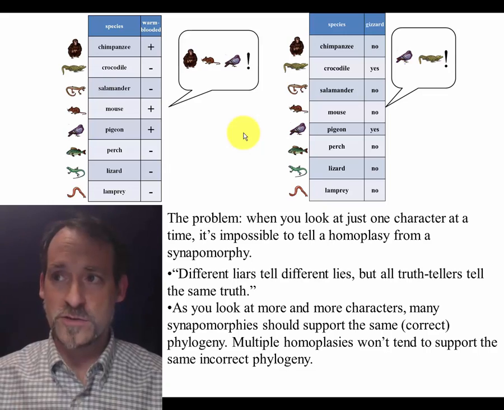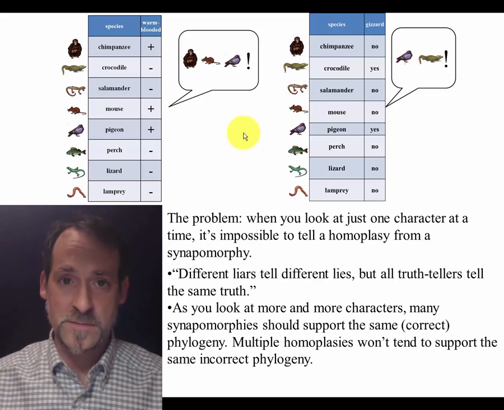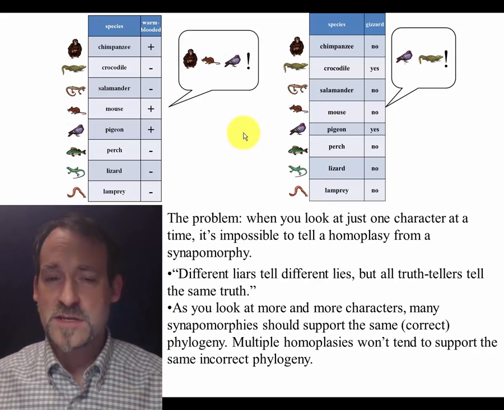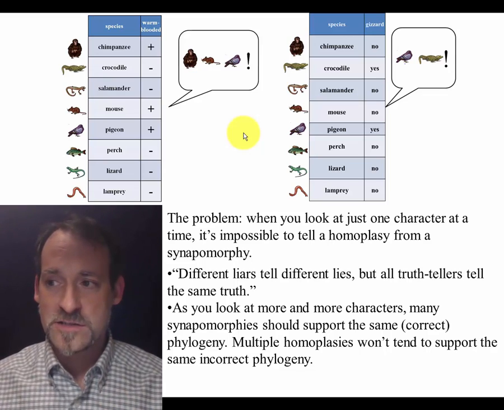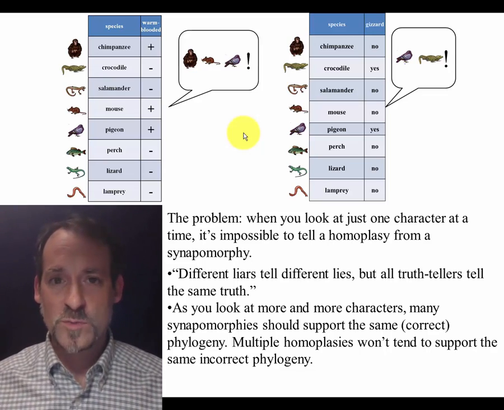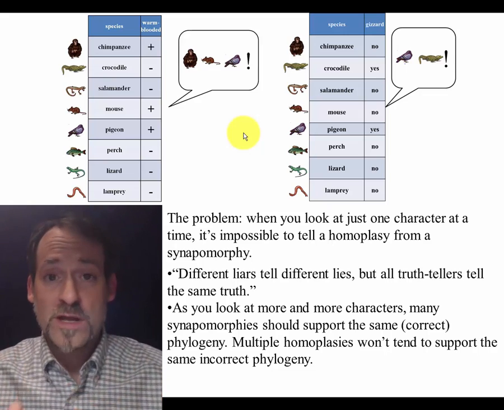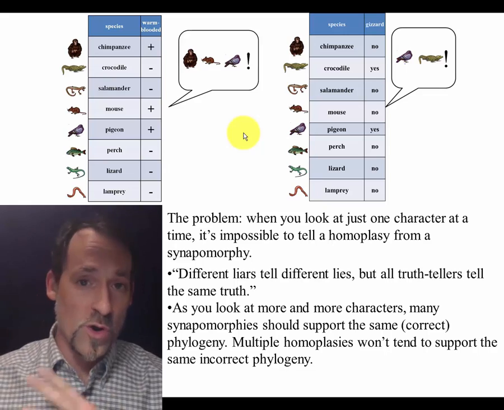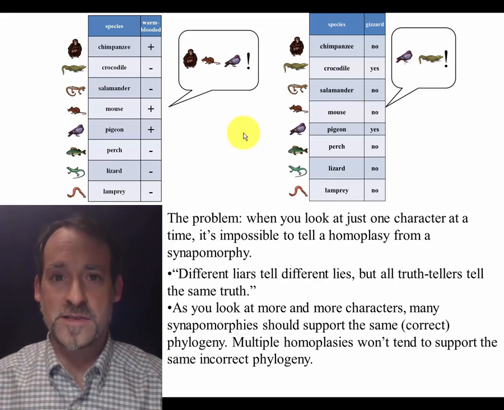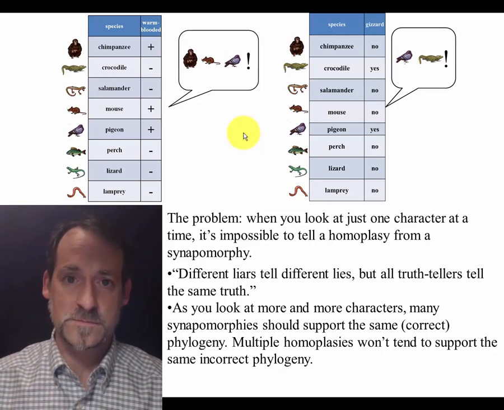It'll be leading you toward a different wrong phylogeny. And eventually, as you keep collecting characters, more and more synapomorphies start pointing toward the correct hypothesis, and they outvote, they overwhelm all the different wrong lies that the homoplasies are telling you.